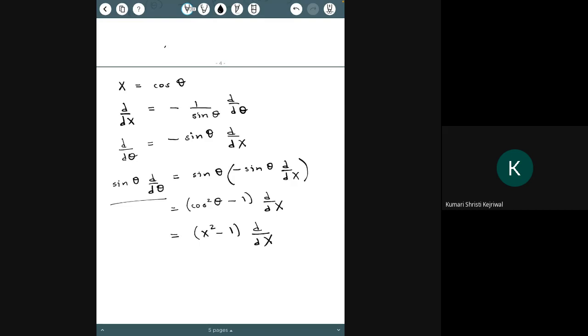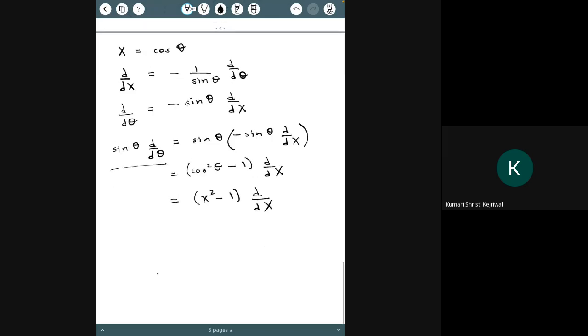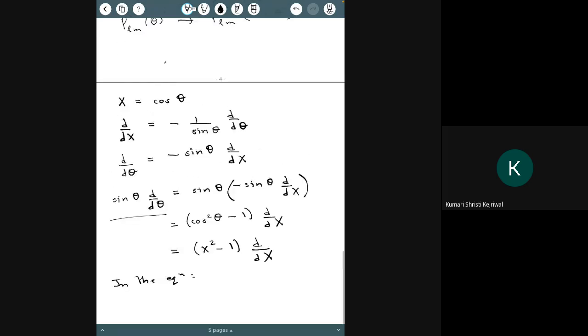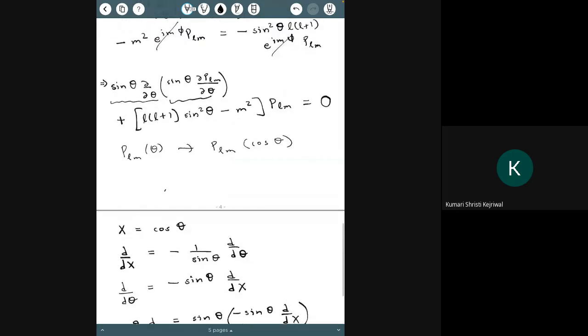Now using this in the equation, we will replace these two operators with x squared minus 1 d/dx.